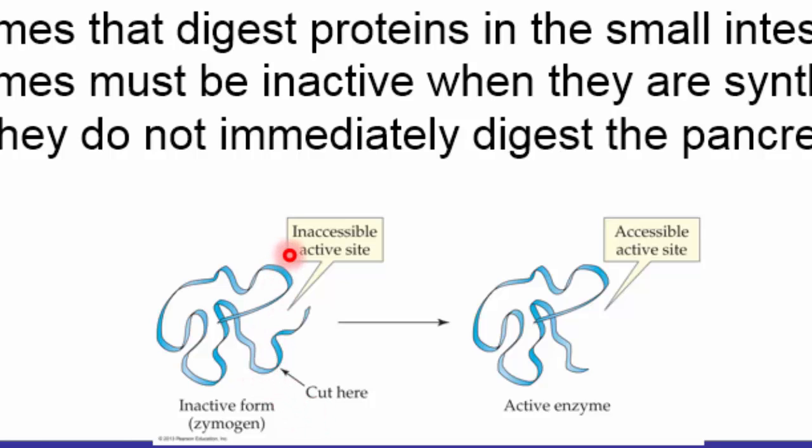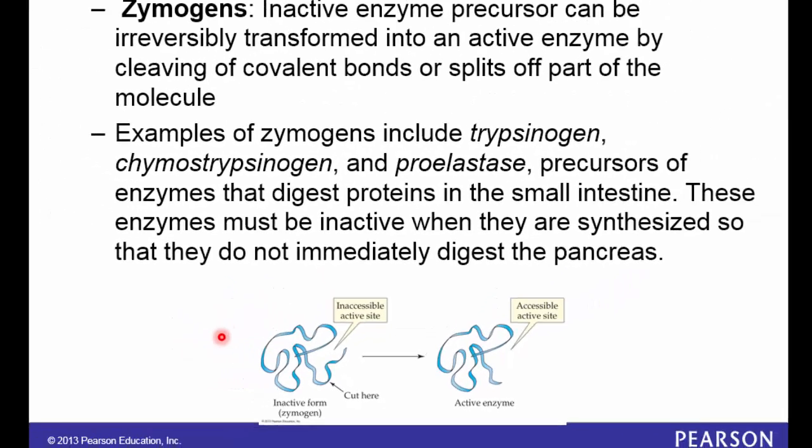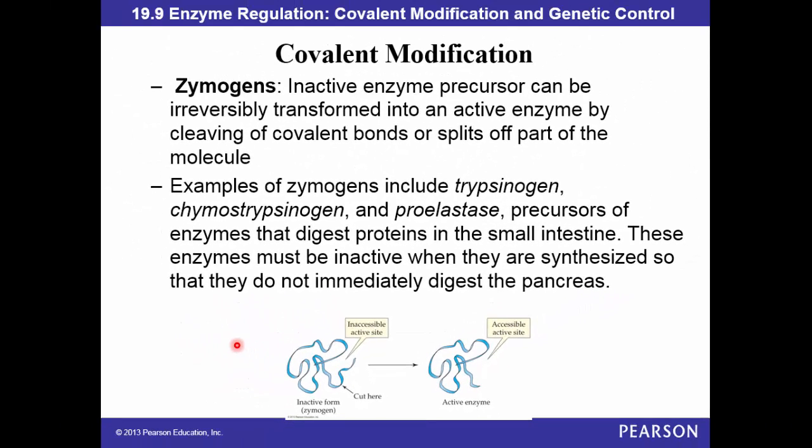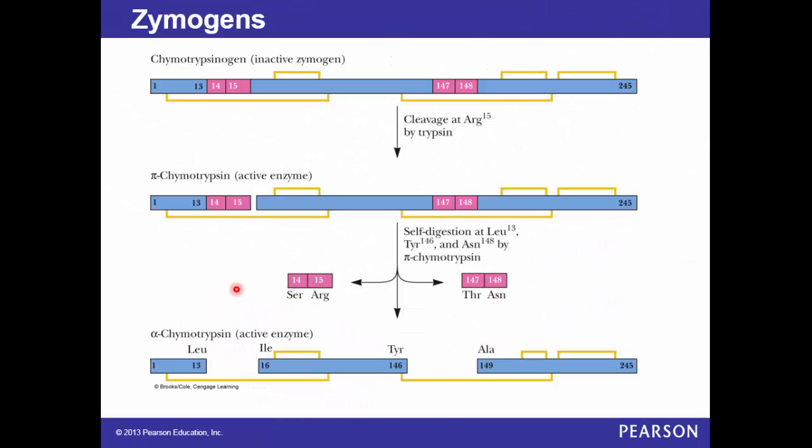This is an inaccessible active site, and now it becomes an accessible active site, and the zymogen becomes an active enzyme, by cutting off part of the molecule, as is the case with chymotrypsinogen here.